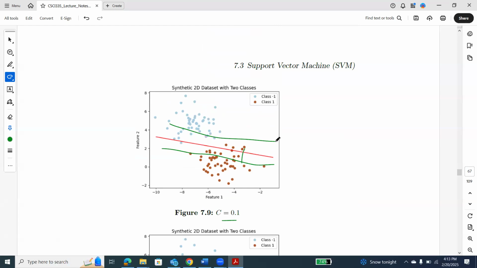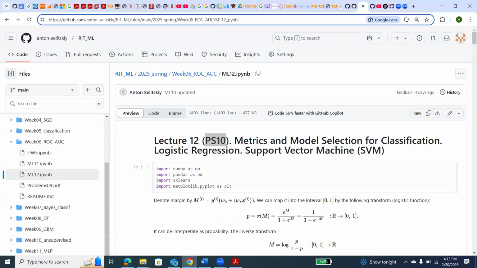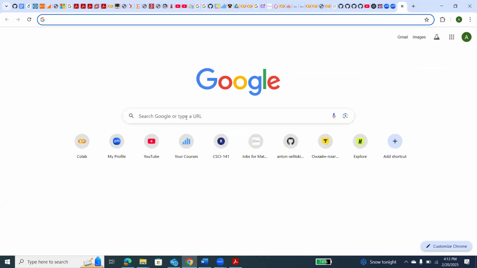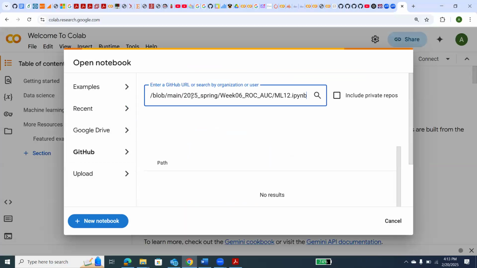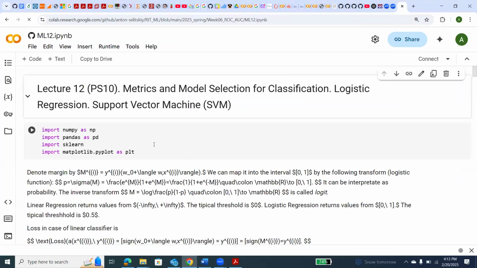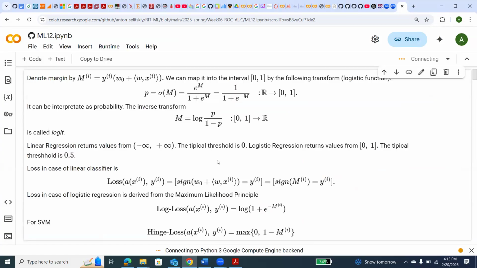Okay, that's it about the algorithm. Now let's go to the code and solve the notebook. So, yes, support vector machine was proposed in the late 90s.